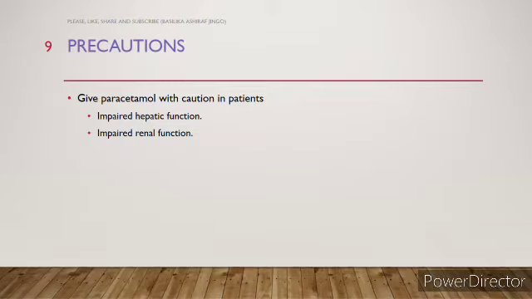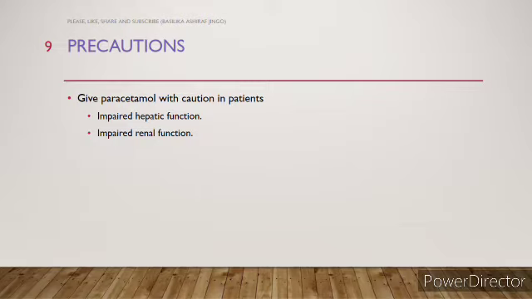Then let's talk about the precautions. Precautions will mean before giving out paracetamol, what you should be knowing. That patients with impaired hepatic function, we give with caution. Then patients with impaired renal function. Hepatic we refer to the liver, then renal we refer to the kidney. Meaning patients with impaired liver function, we give them with caution.